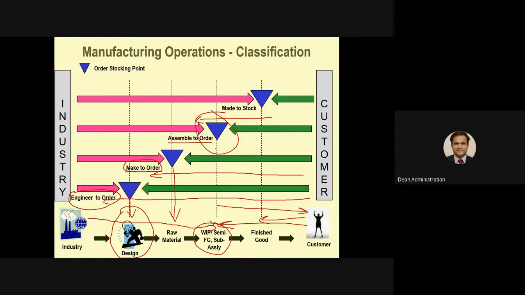Okay, so then and only then you can begin this project. So it has to be well understood that engineer to order requires a lot of skill and a lot of engineering from the fundamentals to be able to solve the problems, to be able to deliver on the project, right?